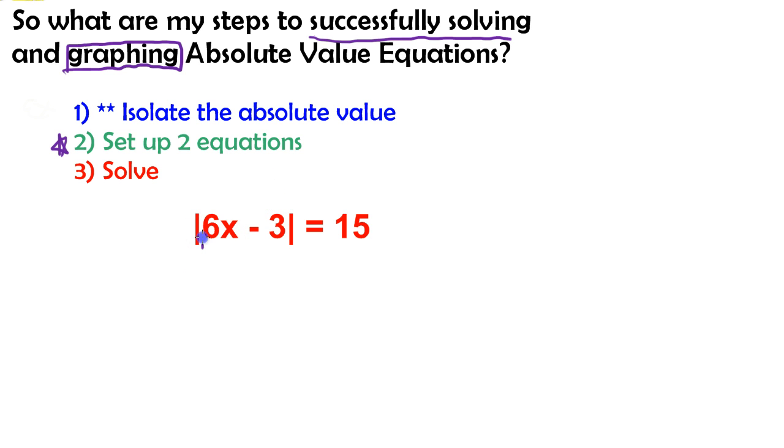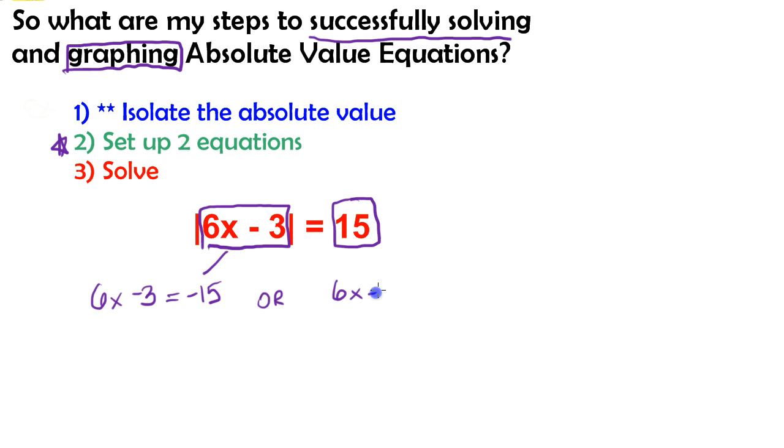But I need to make sure that this thing right there, which is in the absolute value symbols, has to be 15 units from 0. So I only have 2 options. That means this thing is either going to be negative 15 or it's going to be positive 15.